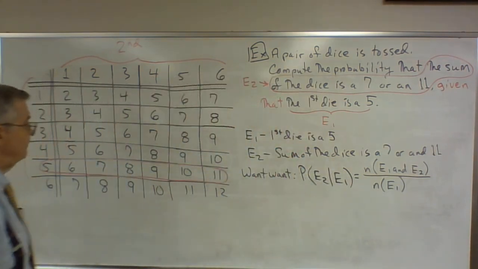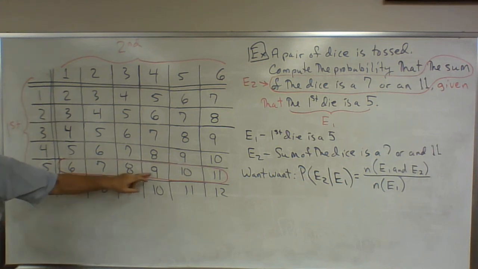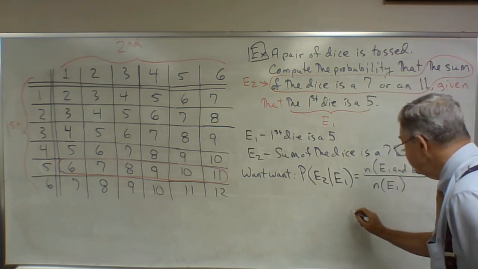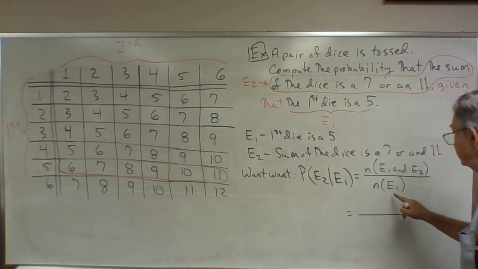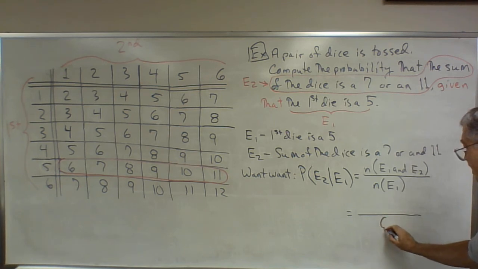All of these outcomes that are circled are outcomes in which the first die is a 5, and that's E1. How many of these outcomes are there? 1, 2, 3, 4, 5, 6. So the number of ways E1 can happen, that is, first die is a 5, is 6.